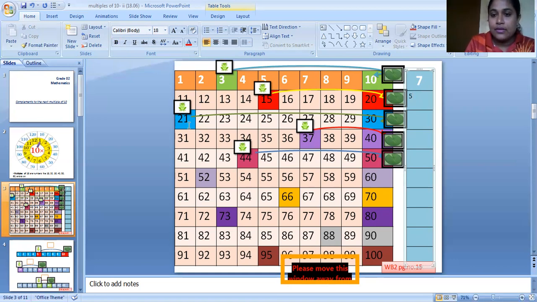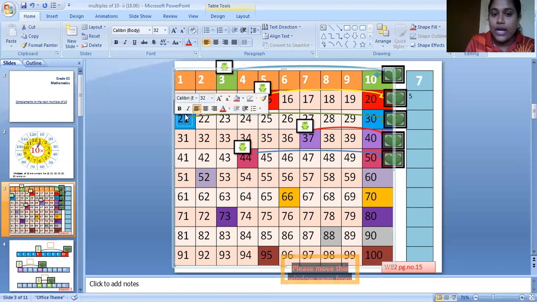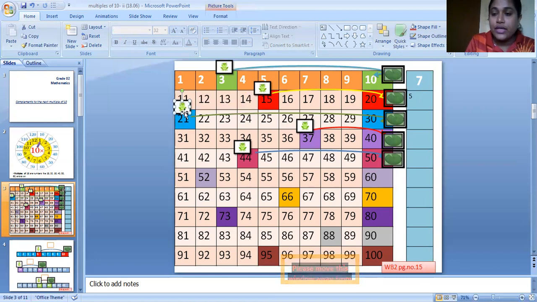And the third line. The frog is on number 21, and the nearest complement of 10 it should jump to is 30. We wish to find the lily pad on number 30.